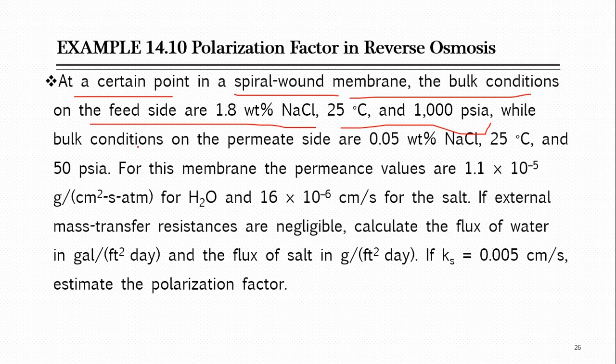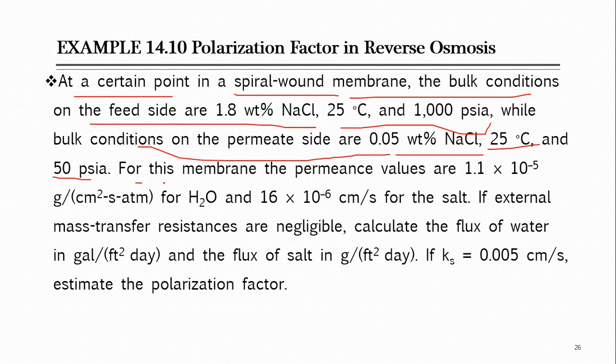While the bulk conditions on the permeate side are 0.05 weight percent NaCl, it means only 0.05% NaCl passes through this membrane. It means 99.95% water will be there. It is available at 25 degrees C, meaning the temperature is the same on both sides of the membrane, but the pressure has highly reduced. It is only 50 psi on the other side.